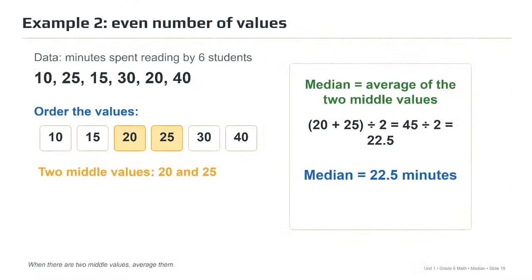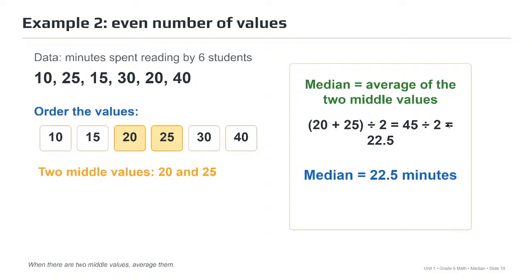Example 2, an even number of values. The data: minutes spent reading by 6 students: 10, 25, 15, 30, 20, 40. As you can see, it's not ordered. First, order them: 10, 15, 20, 25, 30, 40. There are two middle values, so you need to do 20 plus 25 divided by 2, which is 45 divided by 2, which is 22.5.